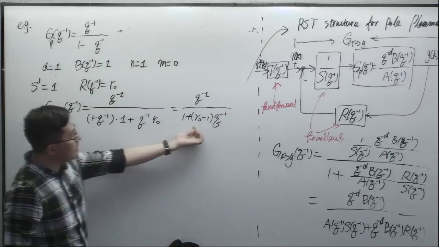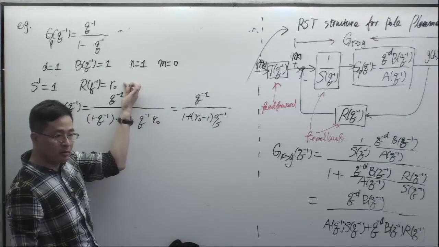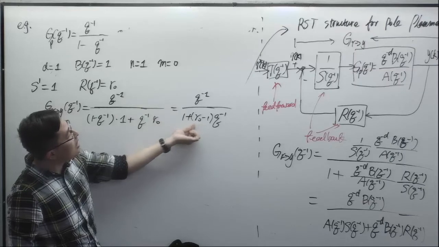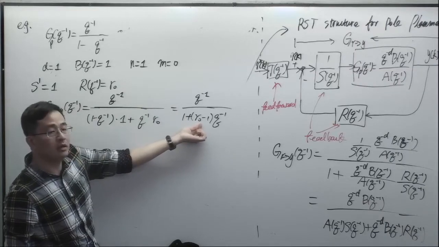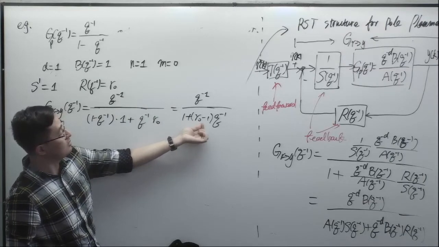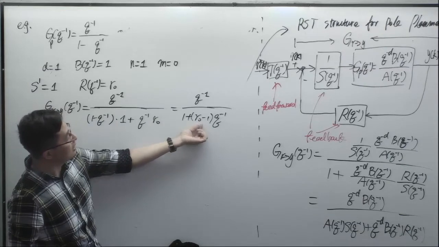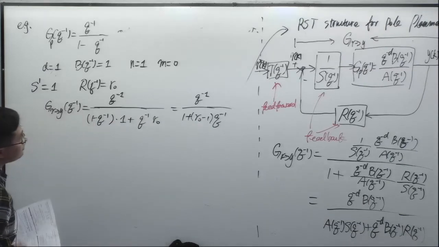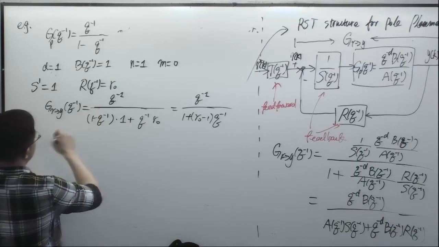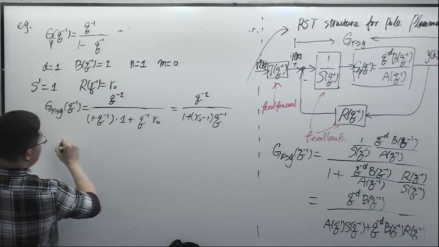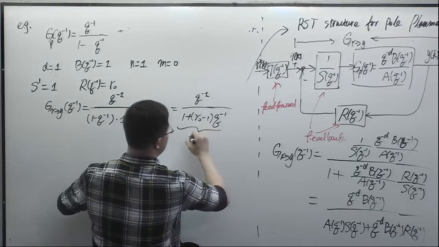So we can see that this very simple pole placement design can arbitrarily shift my closed loop poles by this mechanism here. That's the tuning of R0. So this effectively gives us this is our D prime.